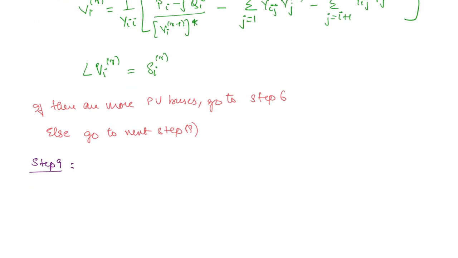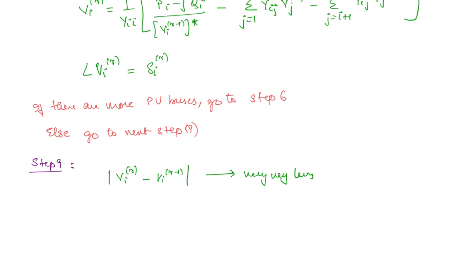In step 9, you have to verify the difference between the rth iteration and the r minus 1th iteration of the voltage. And if this difference is very small, that means both the iterations, both the values, are equal.